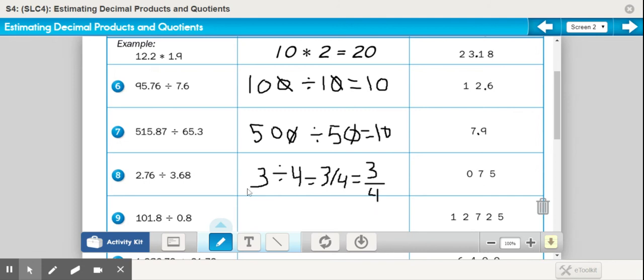So what this is really saying is if I have 3 and I have to split them into fours, that means I'm going to have 3/4. Well, think of quarters. 3/4, because 4 quarters make $1. If you have 3 quarters, how much money do you have? Right, 75 cents. So our decimal should make 75 hundredths.